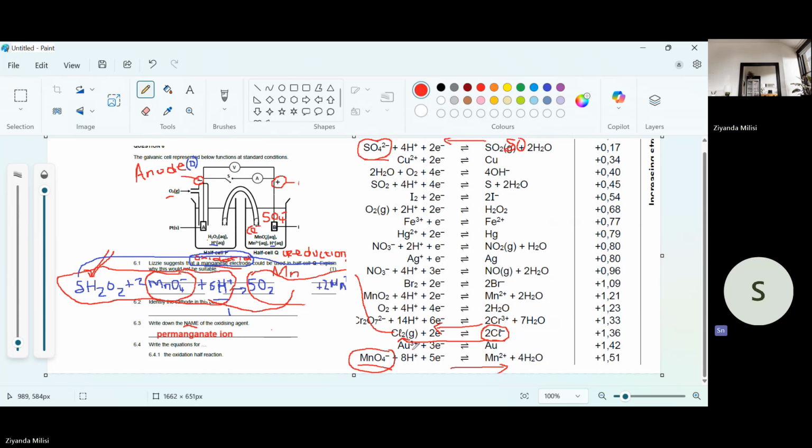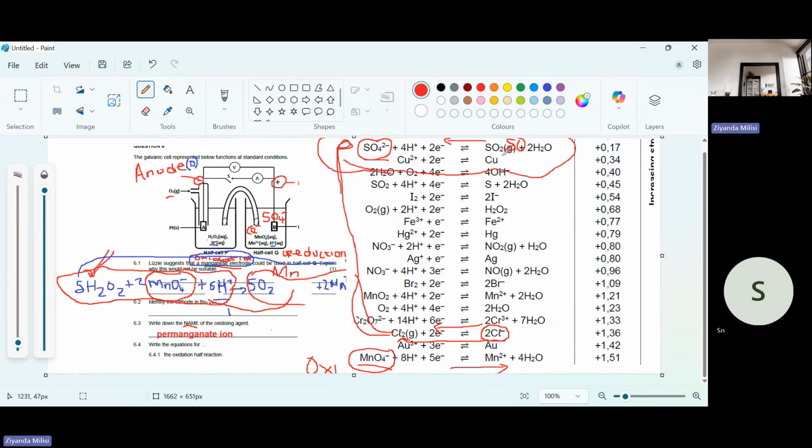Yes, because this one is a stronger oxidizing agent than this one. Both these ones and these ones, they are weaker. They are weaker because they are at the top. This one is the weakest because it's far. But the problem is SO4 2 minus is a product, not a reactant. Can you see on this reaction?